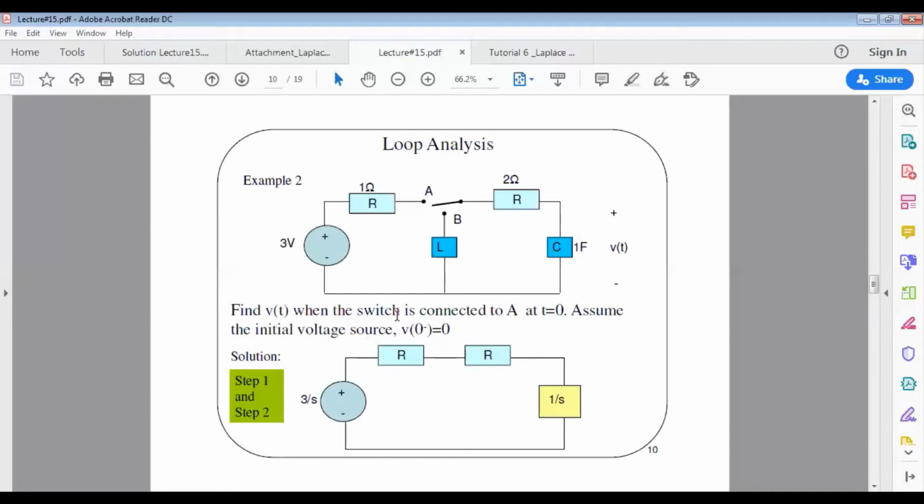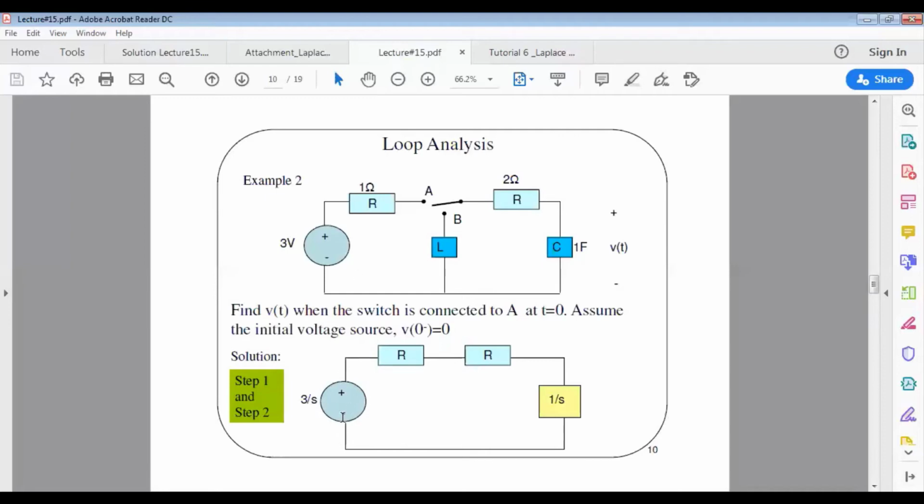When we transform the circuit into the S domain, we know that when the switch is connected to A, B becomes an open circuit, so we can simply ignore the existence of the inductor. Now when t is equal to or bigger than 0, the circuit can be transformed to look like this.